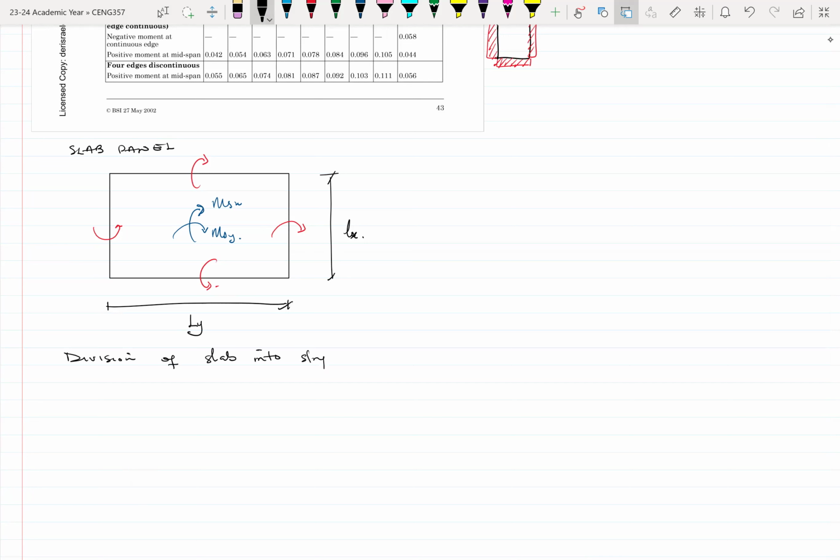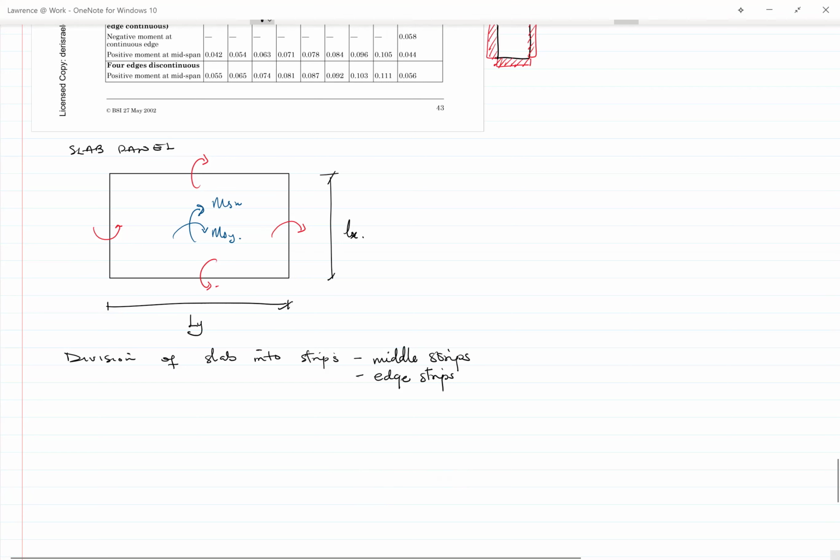Typically there are two of them: we look at the middle and then the edge strips. So let's look at the two and then how they would help us to solve our problem.